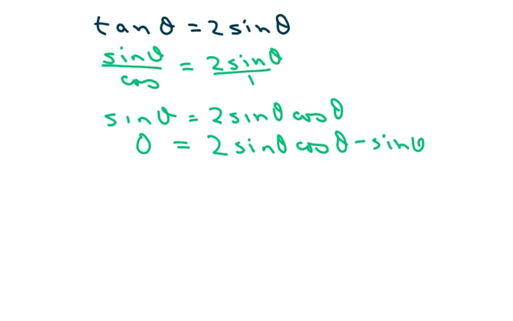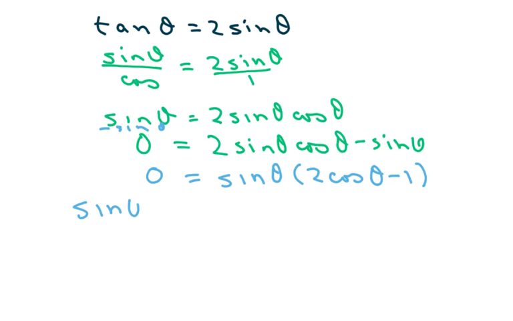All I did was subtract sine of theta from both sides. Set this to 0. It's just like the other one. I'm going to factor out a sine, and I'm going to get 2 cosine of theta minus 1 equals 0. So set each piece to 0. In this one, we have theta equals 0 and pi.